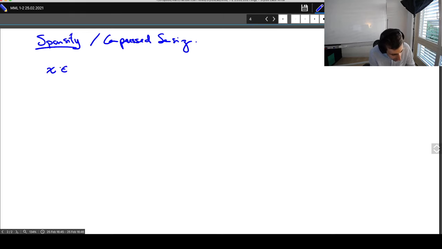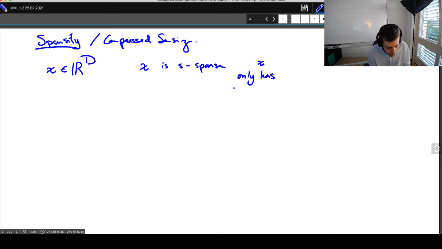I'll try to use d for dimensions, and I'll try to write big D if I want to emphasize that the dimension is very big. Okay, so you have a vector x in very many dimensions, but you know it's sparse, right? So you know x, say, is S-sparse. So what does this mean? This means that x only has S non-zero entries.